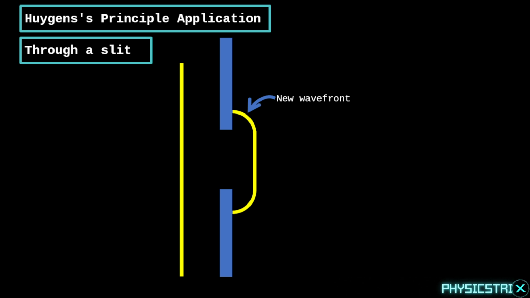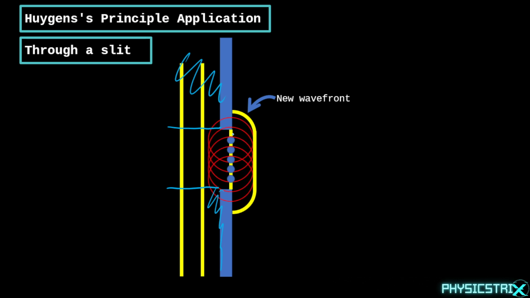Once it reaches the slit, the structure absorbs that section of it, and what you're left with is this small part of the wave that becomes the new source. From there, you can draw those small wavelets and join where they constructively interfere.